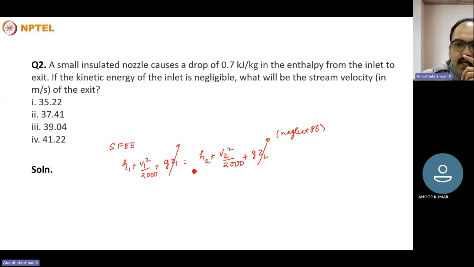The difference in the enthalpies is given, an enthalpy drop, so H1 minus H2 is 0.7 kilojoule per kilogram. That will be equal to V2 squared divided by 2000, because the problem states that the kinetic energy of the inlet is negligible.